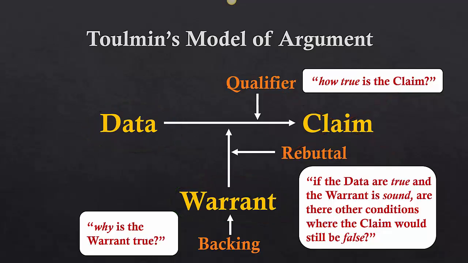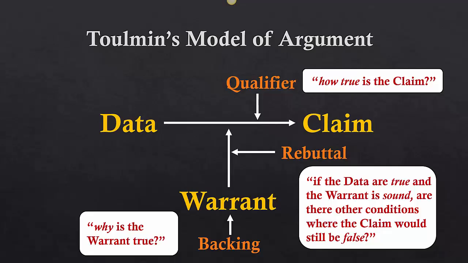And like I said, if there are those exceptional conditions and you recognize them as an arguer, it can be a pretty good idea to just put them out there so that between the combination of the rebuttal and the qualifier, you're letting your audience know, look, I'm not being irrational or unreasonable about this. I know that there may be some limitations to the truth of this claim, but here's how true I think it is given these limiting conditions.